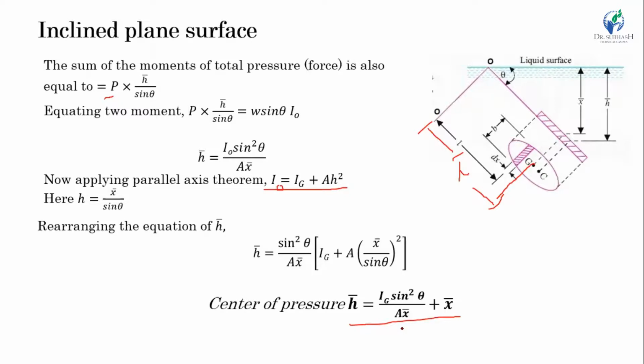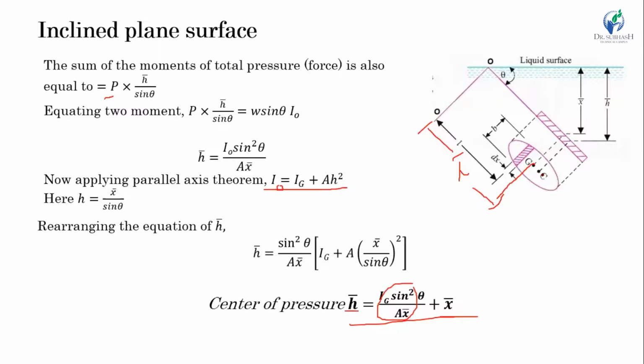So here again we have proved that Ig sin square theta upon A X bar is a positive value. Even if theta is such that sin theta is negative, it is sin square, so it is again positive. Ig is positive, area is positive, and X bar is a distance. So we can say H bar is again the summation of two positive terms, and so the value of H bar is always larger than X bar.